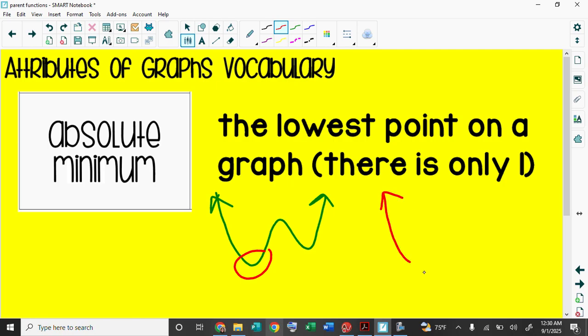This one is easier to find because there's only one low spot. Where this one had 2, but this one was lower. Absolute minimum, the lowest point on the graph, there's only one. Pause this video and get all that down.